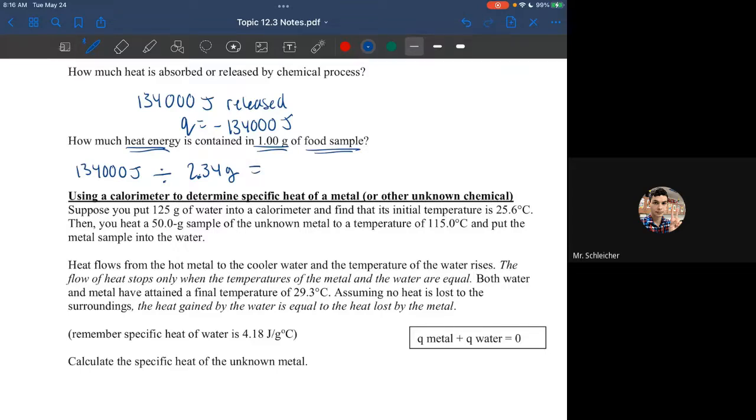So 134,000 divided by 2.34 gets us roughly 57,300-ish joules per gram of food sample. Something like that.